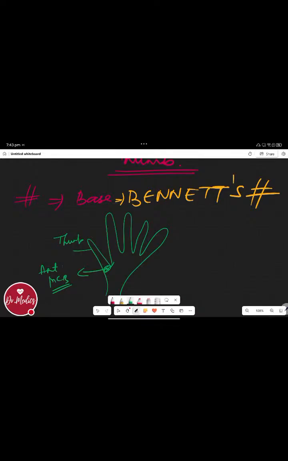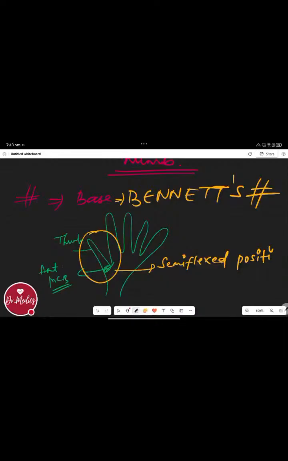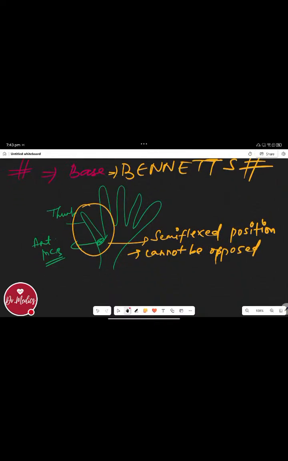So the thumb is forced into the semi-flexed position and cannot be opposed, and the fist cannot be clenched.